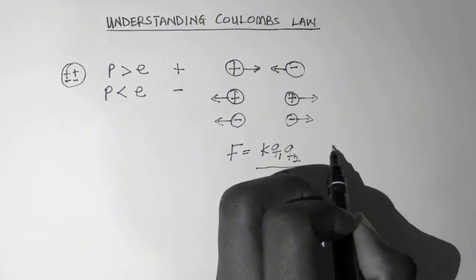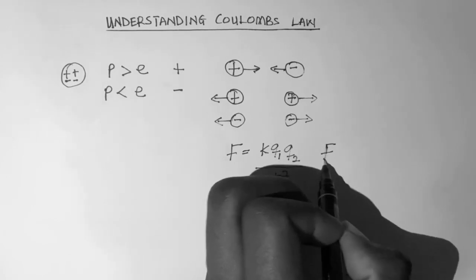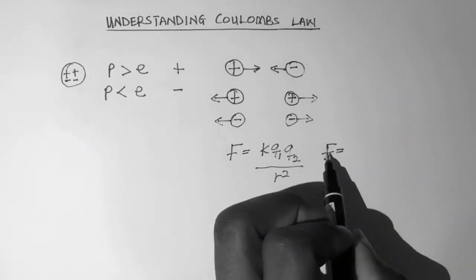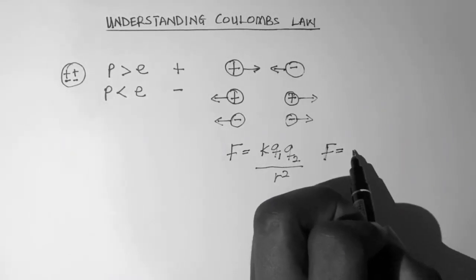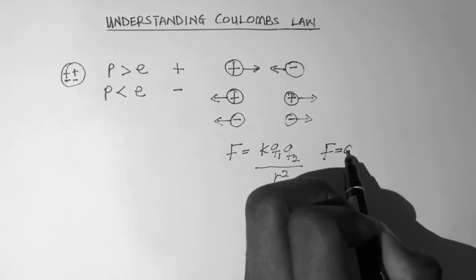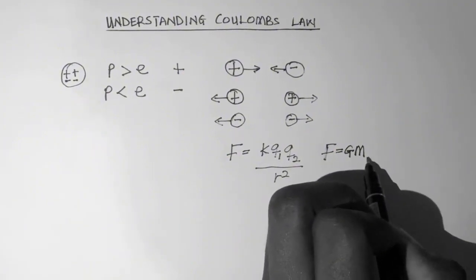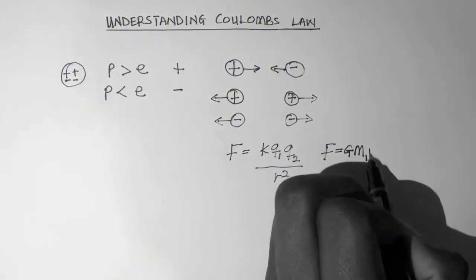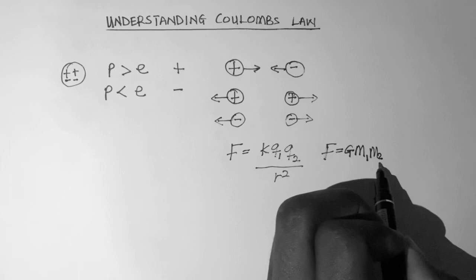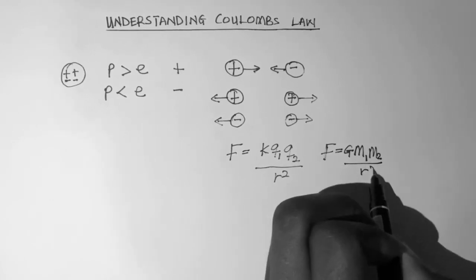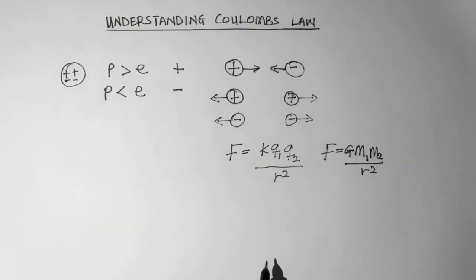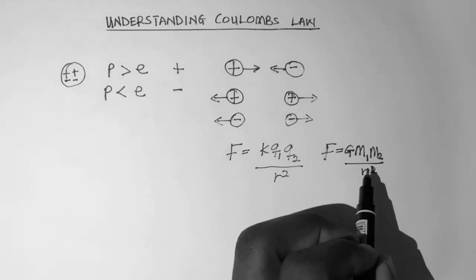Now, if you remember Newton's gravitational force, which says that the force of attraction between two bodies is given by Newton's gravitational constant times the first mass times the second mass, divided by the square of the distance between them, it is similar to this law.